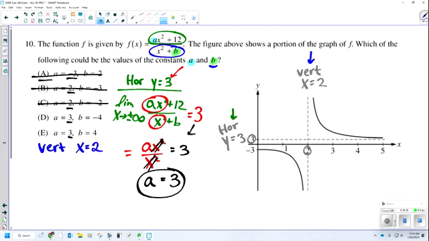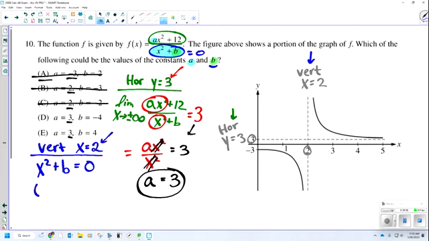In order to have a vertical asymptote, I need to figure out what makes my function undefined. To make a fraction undefined, the bottom of my fraction has to equal 0. So x squared plus b has to be 0, and they say this happens when x is 2.